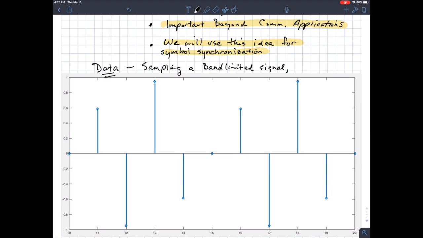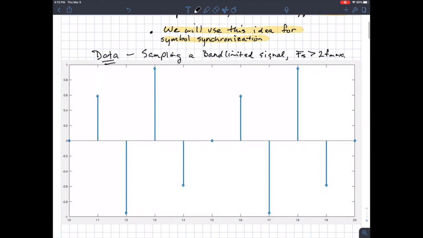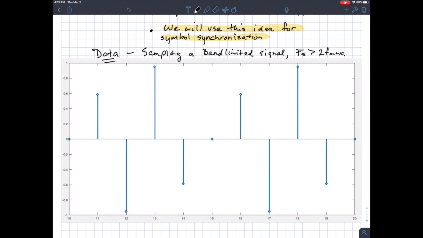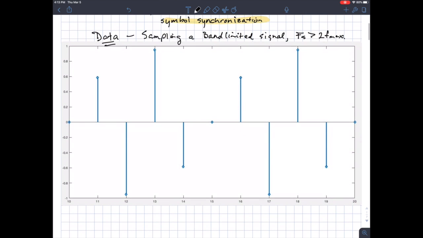We can also assume that we're sampling fast enough that the sampling rate is 2 times f max. I actually did that. I created a signal that's band-limited, sampled it at 2 times f max, and I produced a plot of a few of these samples.